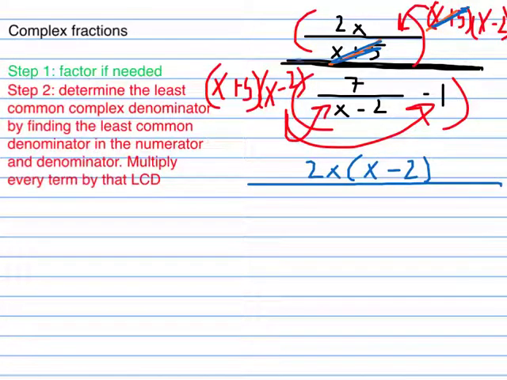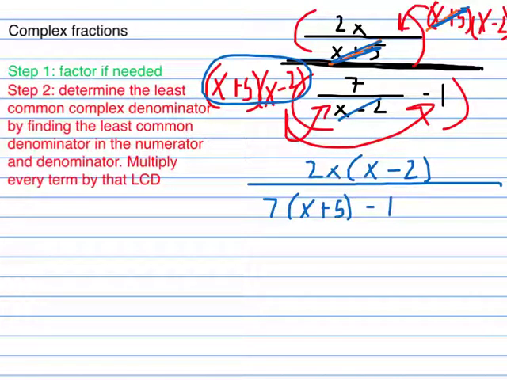We're going to have to multiply this group right here by both pieces in that complex expression. The x minus 2 cancels out of that first one, and I have 7 times x plus 5. And then minus 1, nothing cancels out because I don't have a denominator, so we're going to multiply that by x plus 5 times x minus 2.